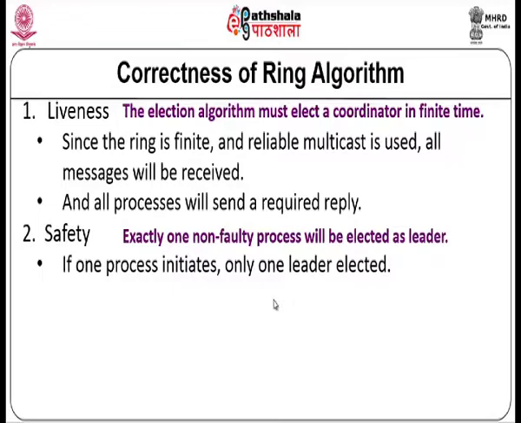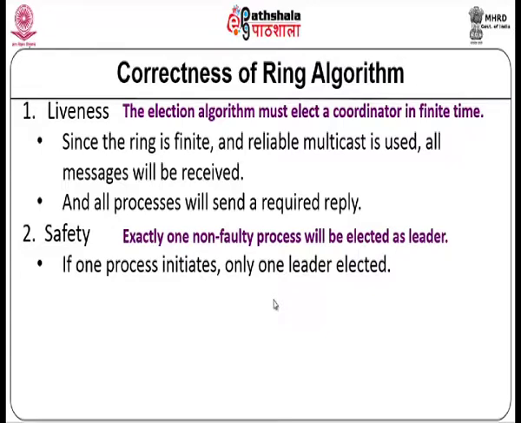Safety can also be looked at by seeing other criteria. Say we put some other criteria like a process having the maximum amount of memory, or a process having the maximum number of requirements, or maybe a process having the least amount of queue on its CPU, that is, the least amount of load.